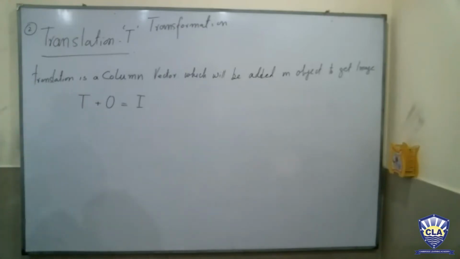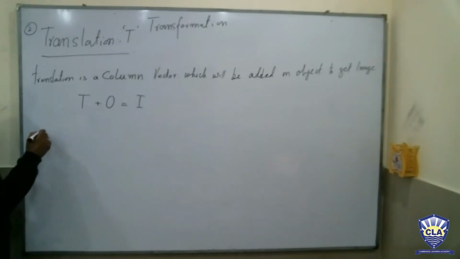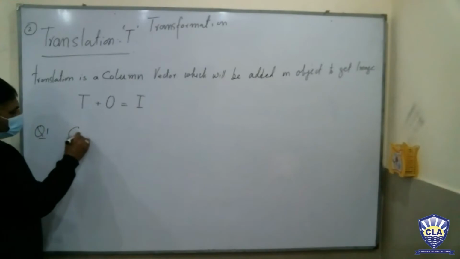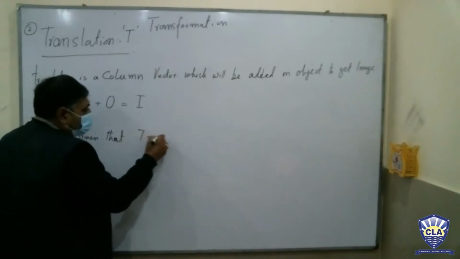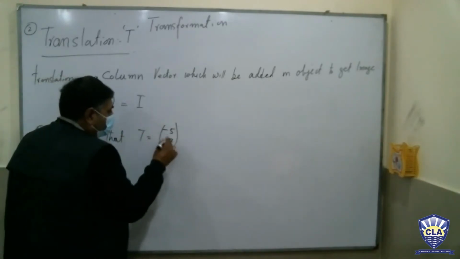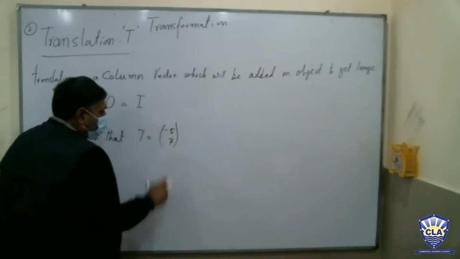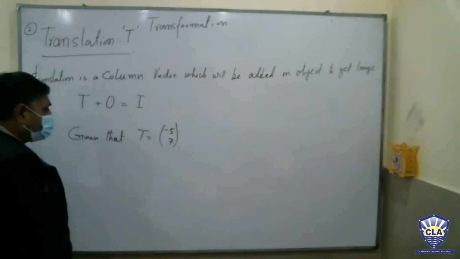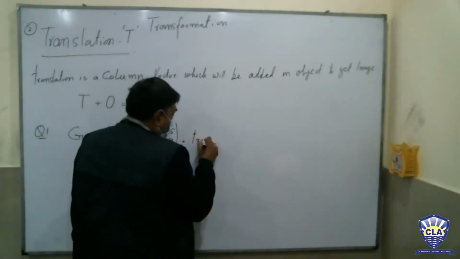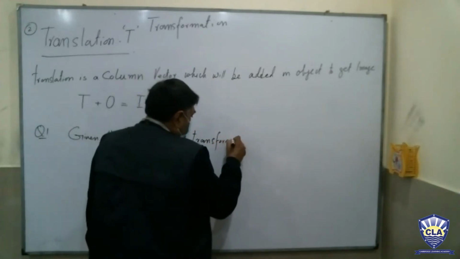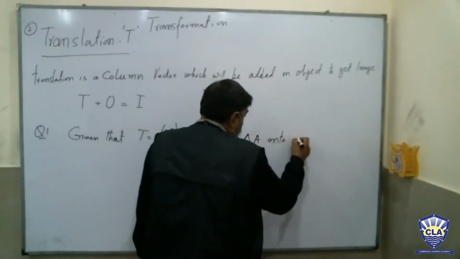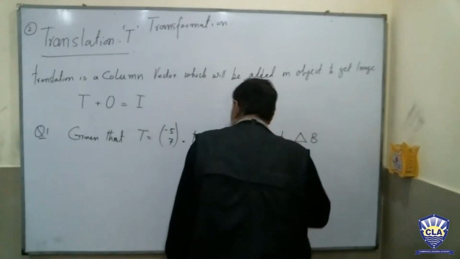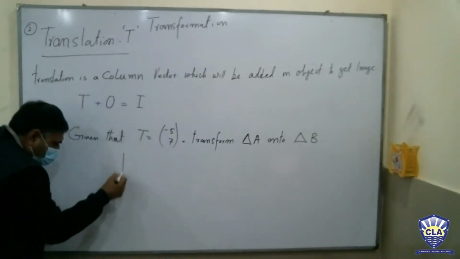जी बच्चों, question number 1. Given that T equals (-5, 7), transform triangle A onto triangle B. Triangle A is given to you.